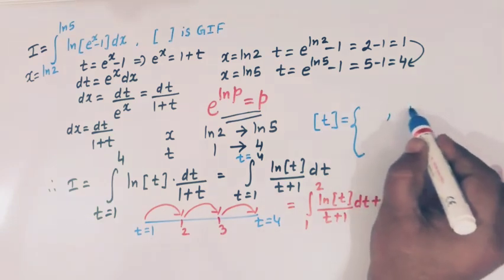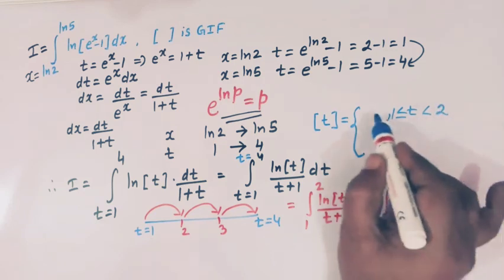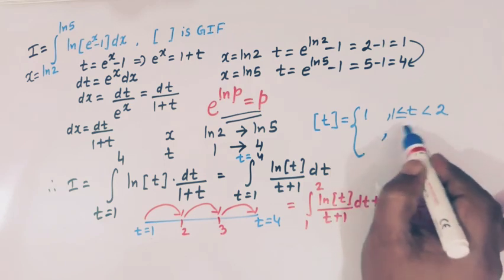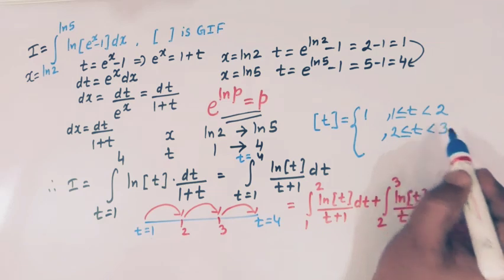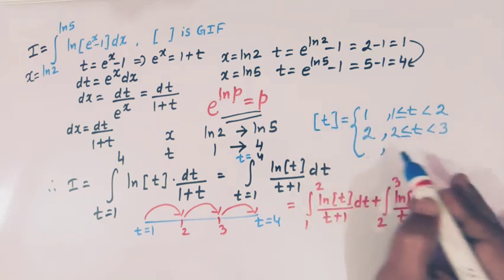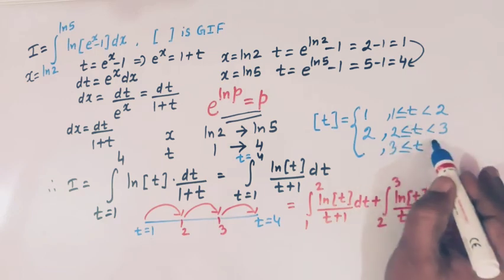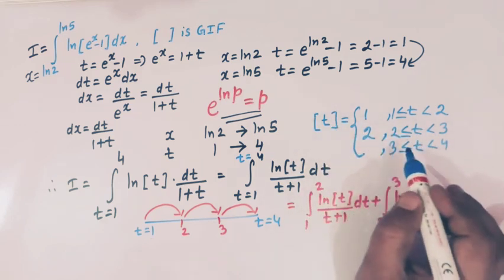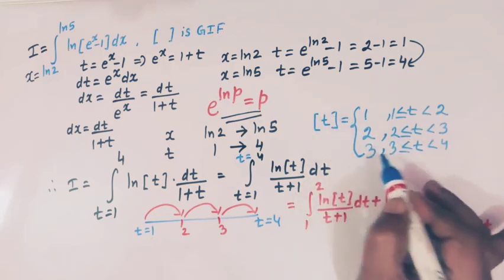So when t lies between 1 and 2, the value of greatest integer t is 1, and when t lies between 2 and 3, the value of greatest integer t is 2, and when t lies between 3 and 4, the value of greatest integer t is equal to 3.